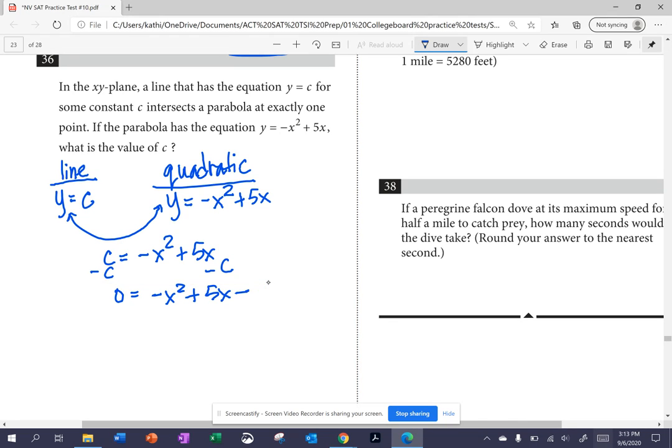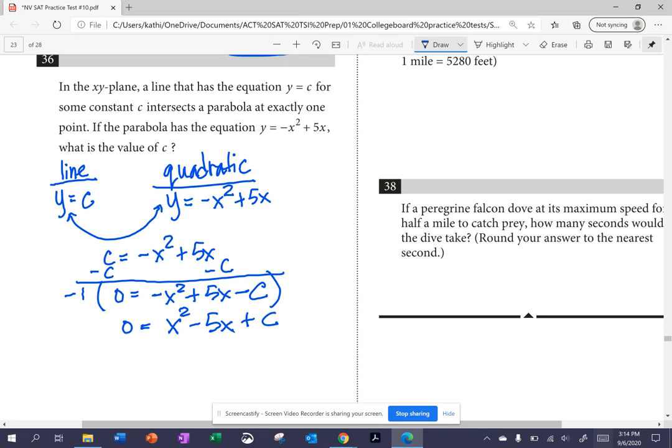Now, usually when we work with this, we want to work with a positive number here. So I'm going to multiply everything times negative 1, so I get a positive x squared. I'm really just changing the signs of everything here. So x squared minus 5x plus c.